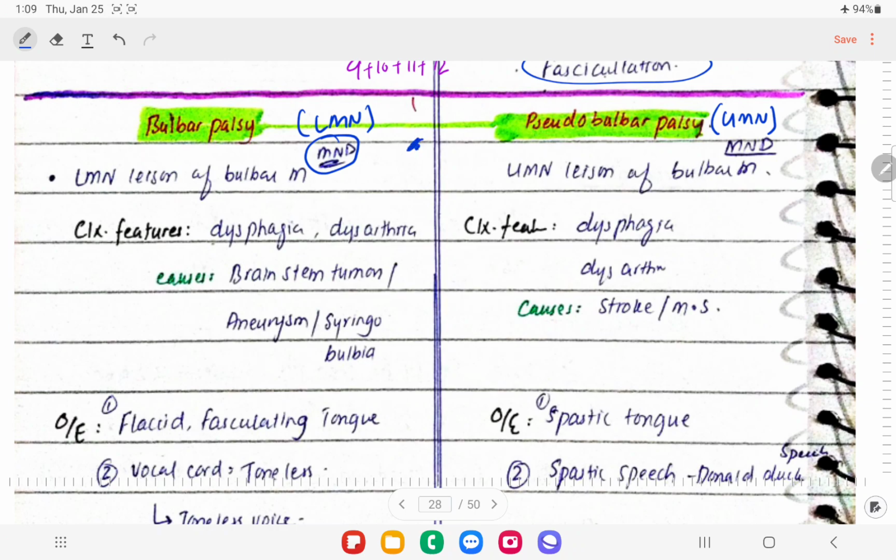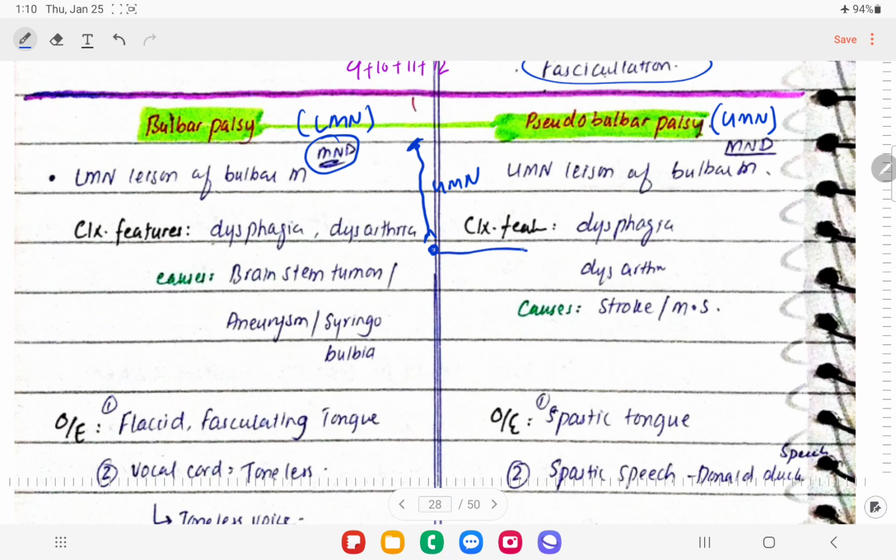From here the neurons descend down up to the medulla, up to the pons, so they end up there, right? So this is the upper motor neuron, right? And from here we have cranial nerve nuclei. Just say this is 7th or 8th or 9th and 10th, basically 9th, 10th, 11th and 12th nerve nuclei are involved in pseudobulbar and bulbar palsies.